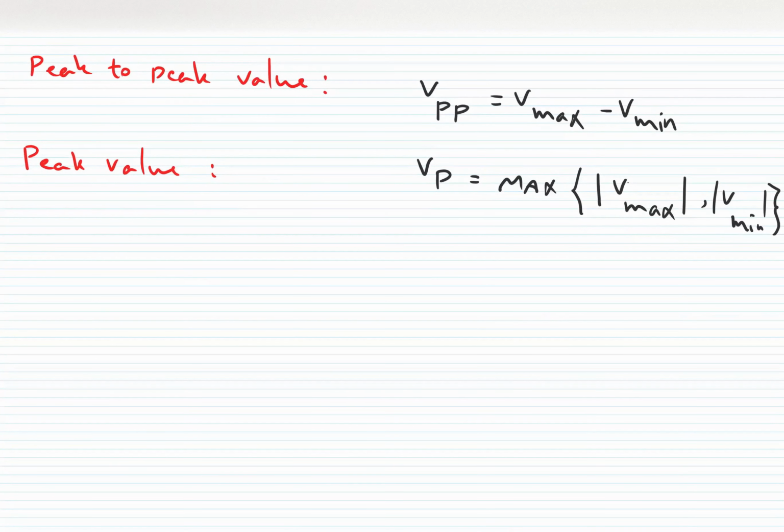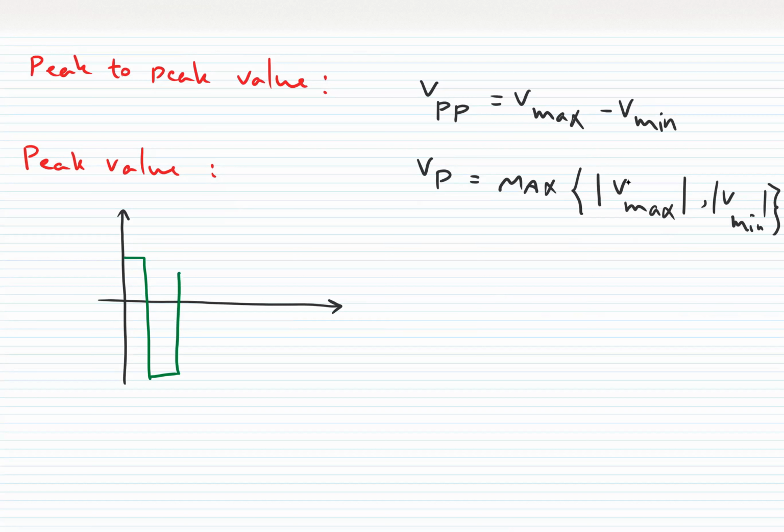Let's show them in two different signals. Here we have a square shape signal, which is in this form. It's a periodic signal.